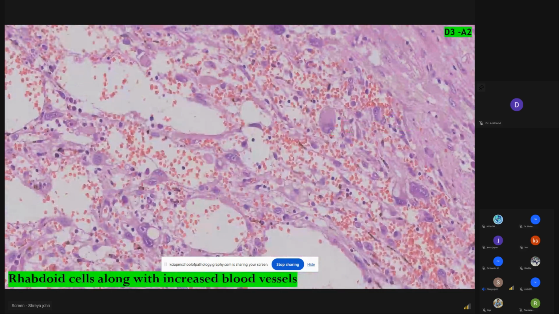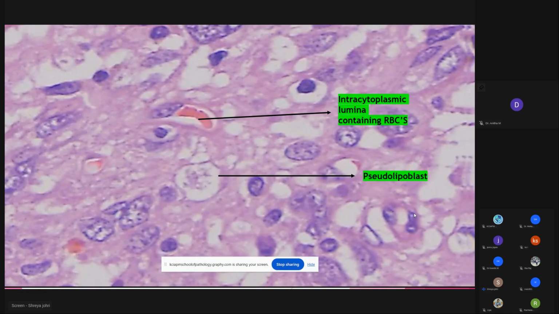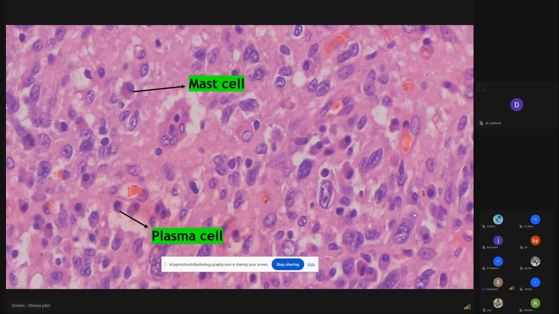In the next magnification, that is the D3A2 slide, we can see a few rhabdoid cells along with increased blood vessels. In the next slide, we can see intracytoplasmic lumina containing RBCs, and pseudolipoblasts are also seen. In higher magnification, we can see mast cells and plasma cells.